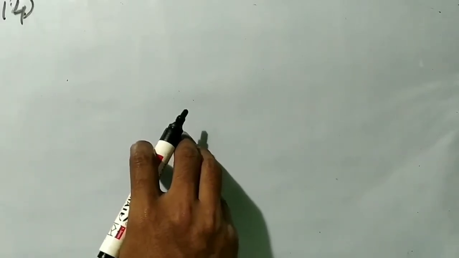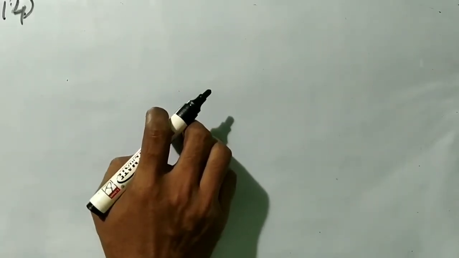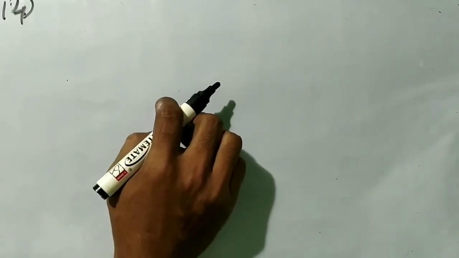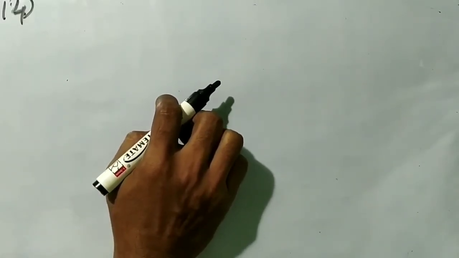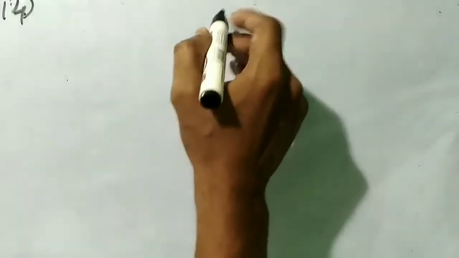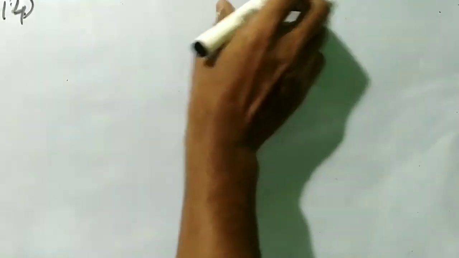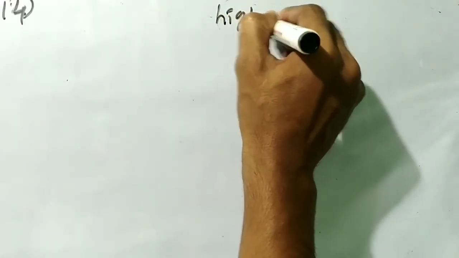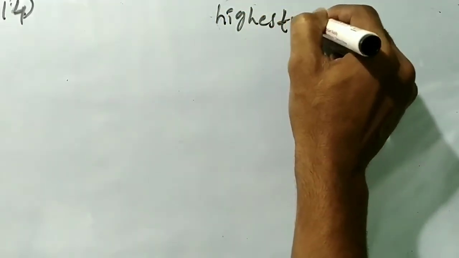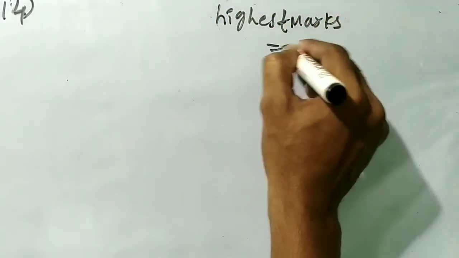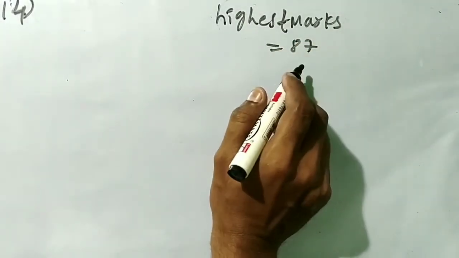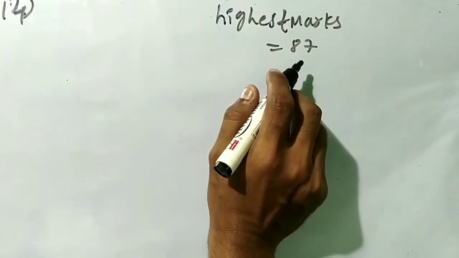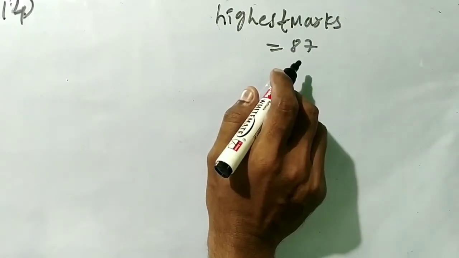In the first step, the teacher said something about the highest marks. What is the highest marks? The highest marks is 87. So the teacher said that the highest marks obtained by a student in her class.